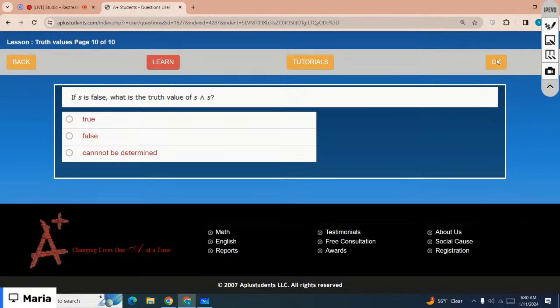If S is false, what is the truth value of S and S?